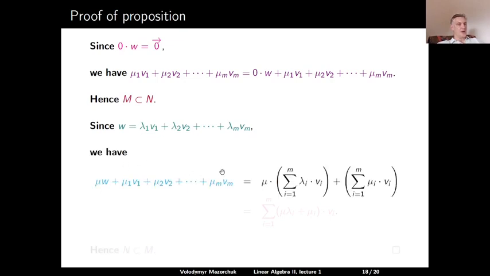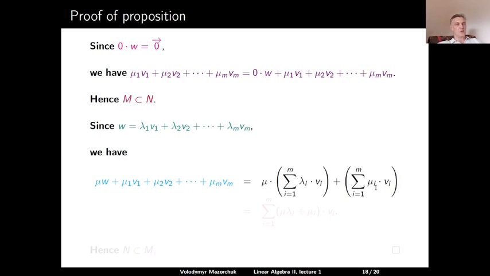Next, recall that w was a linear combination of the vi's with coefficients lambda i. So we can write an arbitrary linear combination of w, v1, v2, and so on vm in the following way. Consider the linear combination mu w plus mu1 v1 plus mu2 v2 plus and so on. We write mu times w, and now we use the expression of w as a linear combination of the vi's with coefficients lambda i's, and then plus the linear combination of vi's with coefficients mu i's.